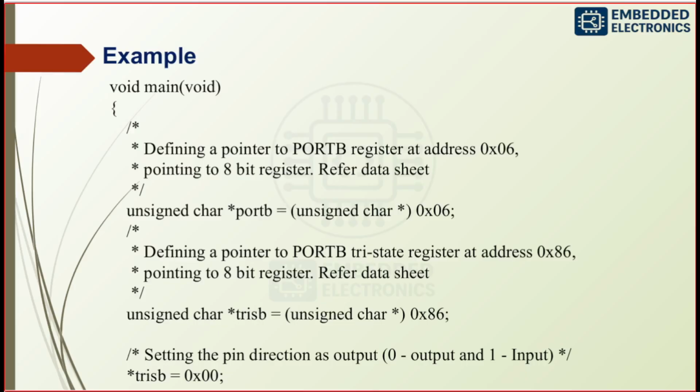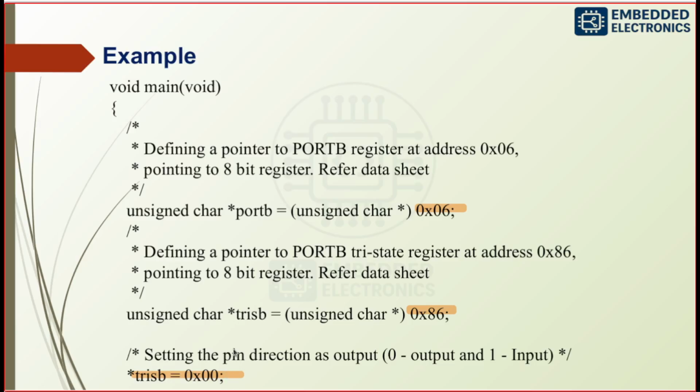So now let's write the code using these addresses. Can we write code like this? Here unsigned char is the data type, and here we are using a pointer, then port B equals to unsigned char, this is the address. This is the address of port B and this is the address of TRISB, and here we are setting the pin direction as output.